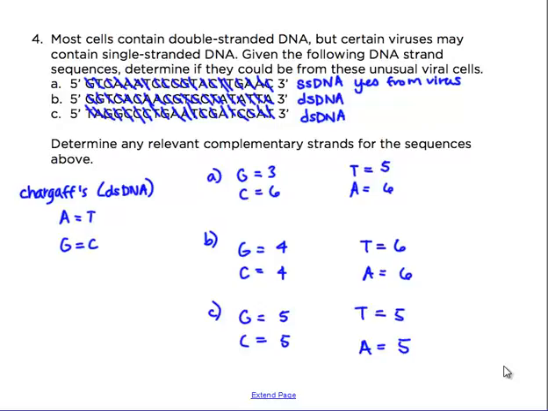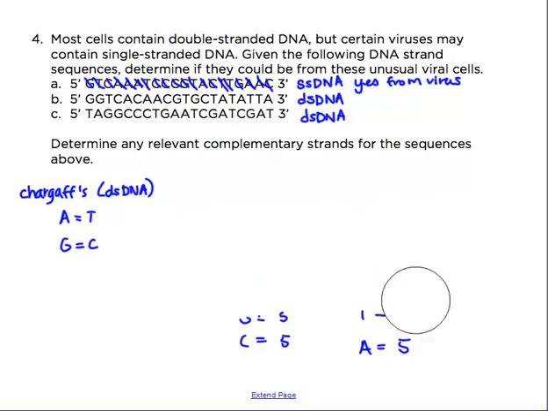Now for the second part of the question, it says determine any relevant complementary strands for these sequences above. So obviously the double-stranded DNA, which are B and C, are the only ones that are going to have complementary strands. So let me erase this so that we can see, and let's write out the complementary strands.